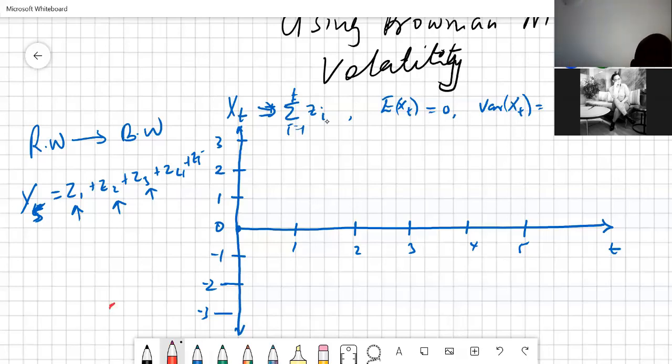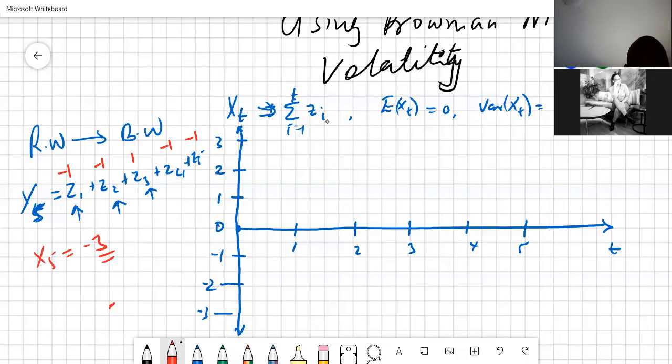Assuming at time 1 we have the realization -1, then -1, then +1, then -1, -1 again, that means X5 is going to be -3 in total. It's going to be at position -3.